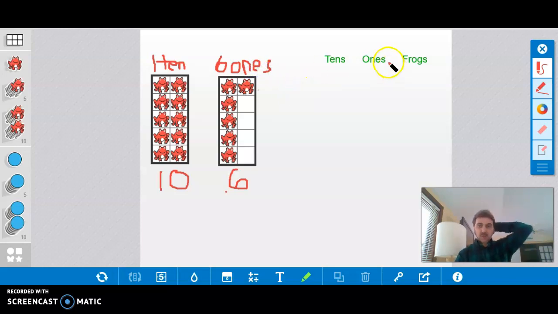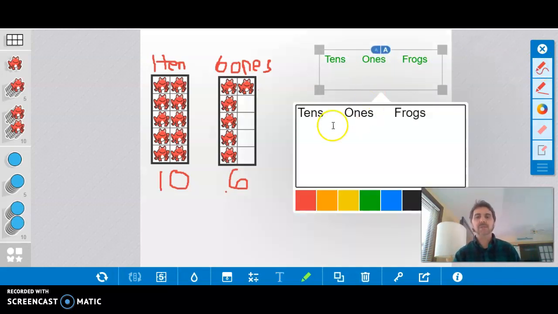Now we're going to come over here and record this. We have 1 10 frame filled up of frogs, red frogs, silly red frogs. We have 6 ones left over for a total of, how many frogs? 16.